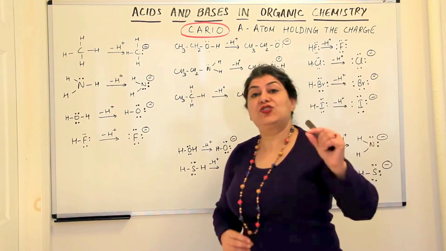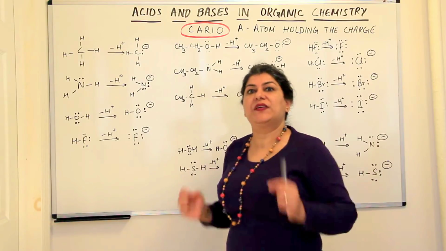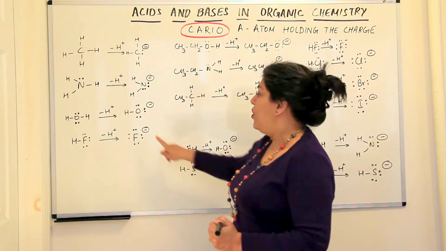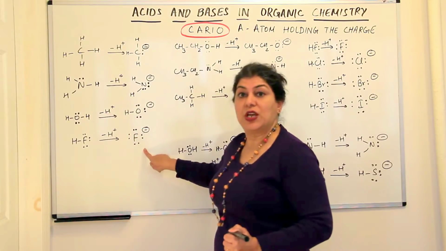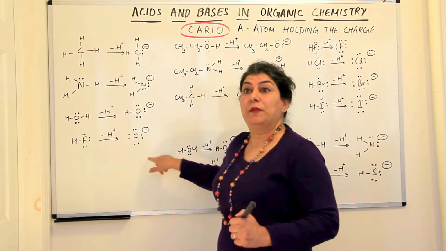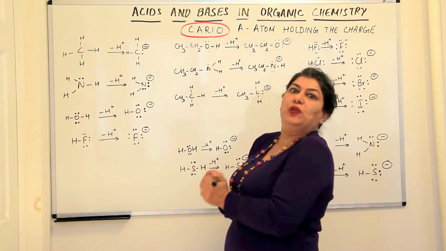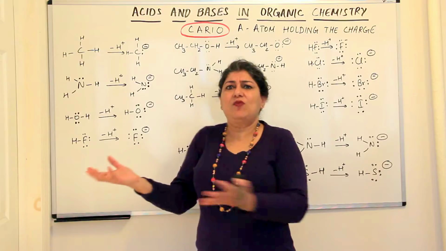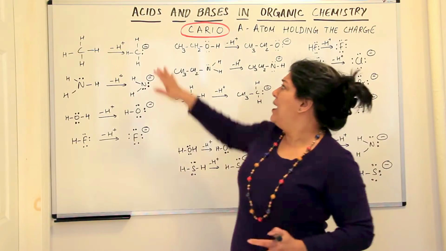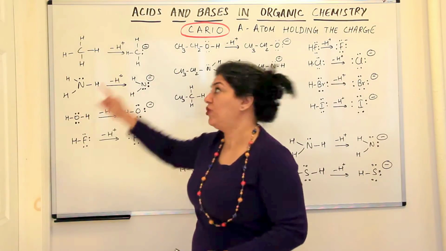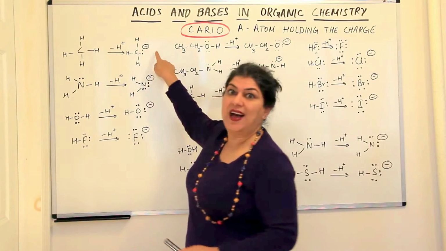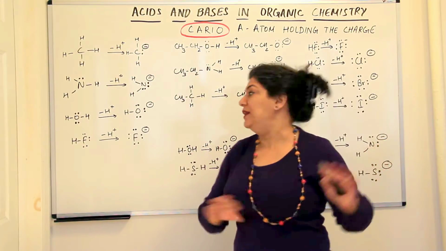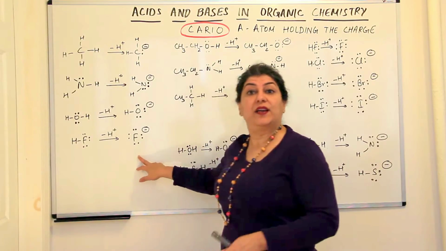Now, an electronegative atom has a greater tendency to pull electrons towards itself. Therefore, when fluoride ion is formed, it would be more stable because it has a stronger tendency to pull the electron towards itself. While carbon has the least, it doesn't want to pull electrons towards itself, yet we are forcing that electron on it. So the methyl ion as such would be unstable, but the fluoride ion would be the most stable.